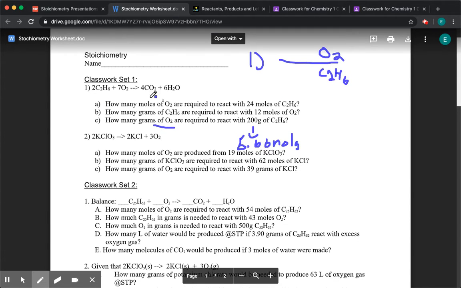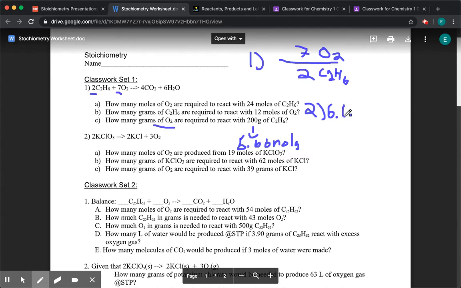And now look at the equation. What number goes with oxygen? 7. What number goes with C2H6? 2. Now that we have our ratio set up, we can do the math. So step 2 is multiply the numbers out. What is our starting point? Our starting point is the 6.66. To save space, I'm going to stop writing the elements because I don't have that much white space here.